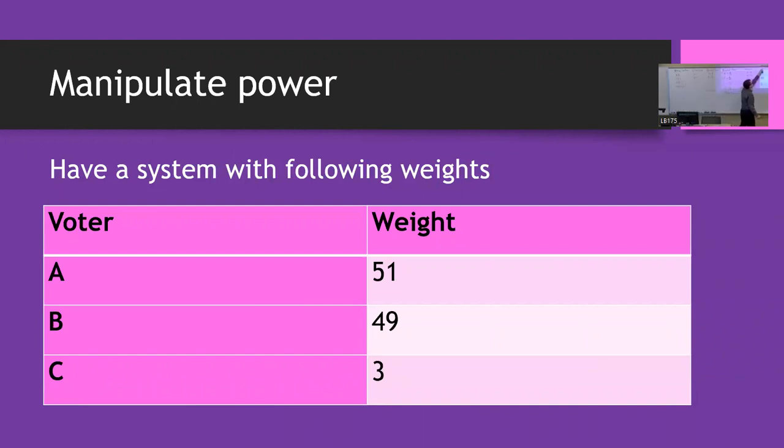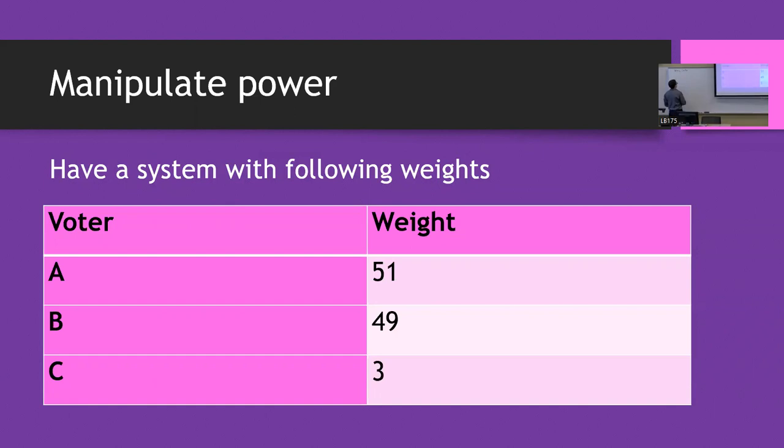So let's do some easy manipulation. We're not going to get into the big weeds of lots of voters and lots of different weights and all that kind of stuff.